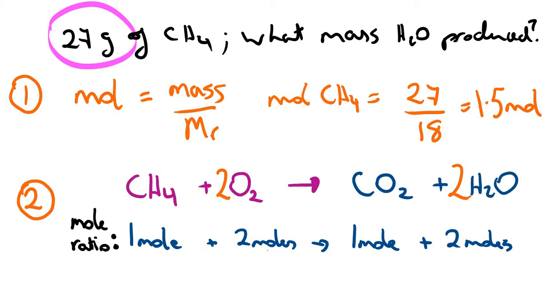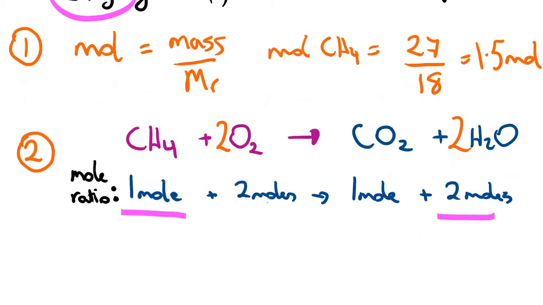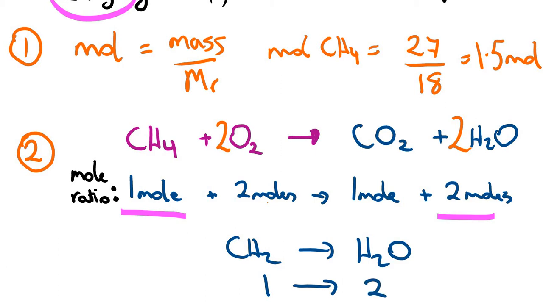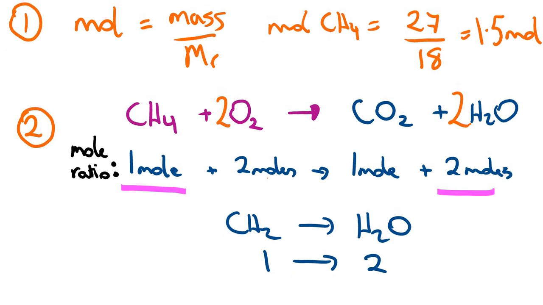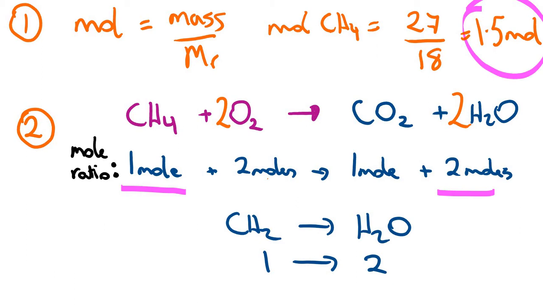Now, we're only interested in the methane and the water, because that's all we're asked in the question for now. So, according to the mole ratio then, from methane to H2O is a 1 to 2. That basically means for every 1 methane molecule I have, I get 2 waters. But in this reaction, I don't have 1 mole of methane. In this specific reaction, I've calculated that I've got 1.5 moles of methane.